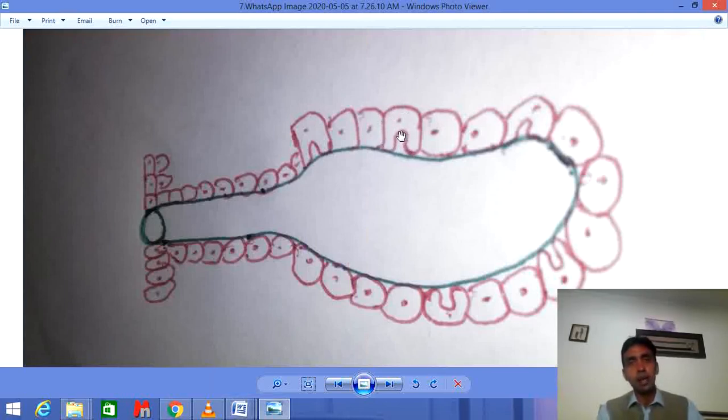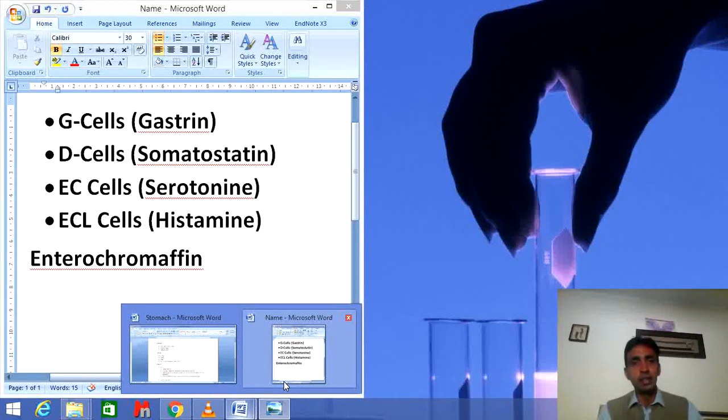These stimulate the parietal cell. These are always located in the proximity of the parietal cell.